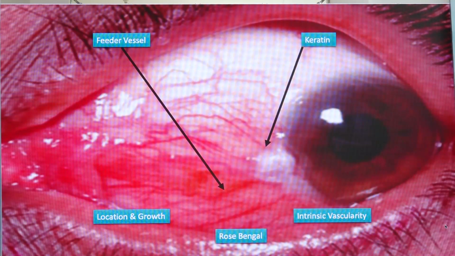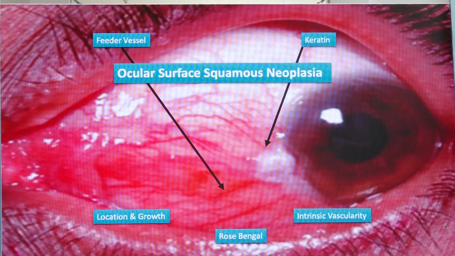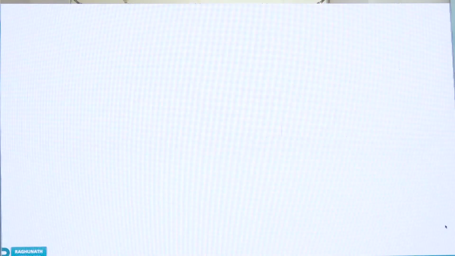If you see a surface lesion, if you see a pterygium, and you have even the smallest of doubts that it is not fitting into what you see in daily OPDs, please think that this is not a pterygium and something else that you are looking at. And these are the 4 points which will help you to differentiate your pterygium from your OSSN. This is nothing but an ocular surface squamous neoplasia.